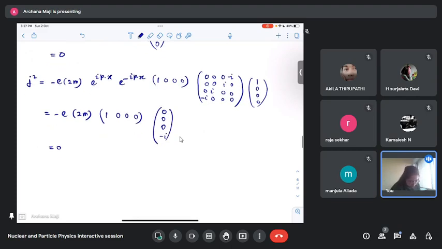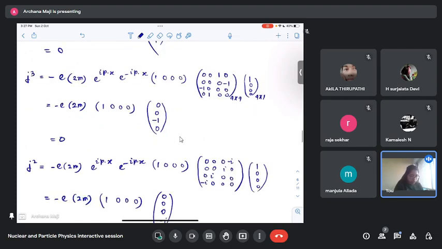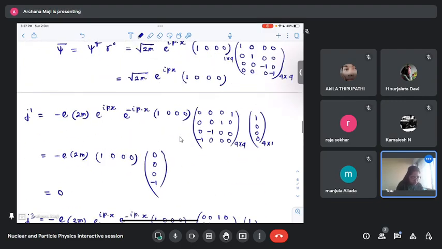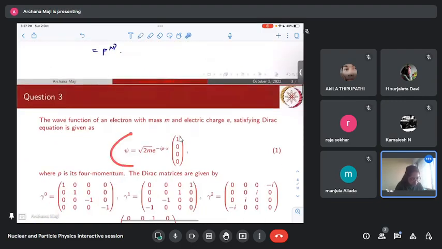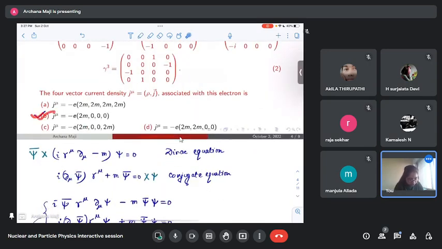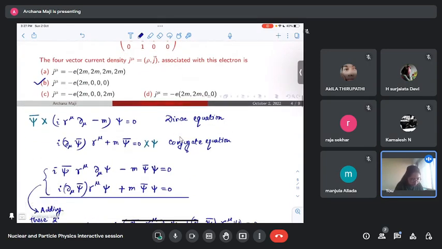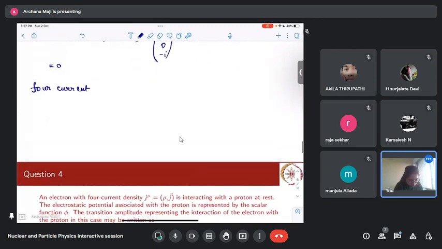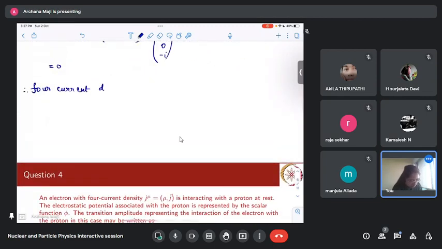Okay, so the 4 current associated to the electron with this given wave function is this. Okay, 4 current density. Minus E 2m and all other elements are 0.